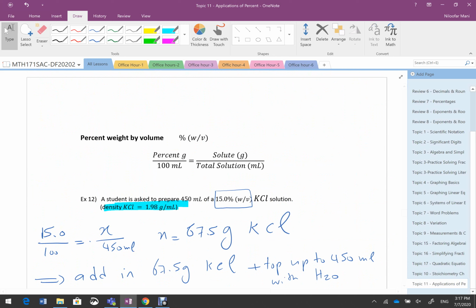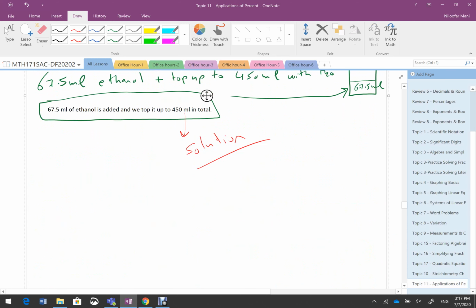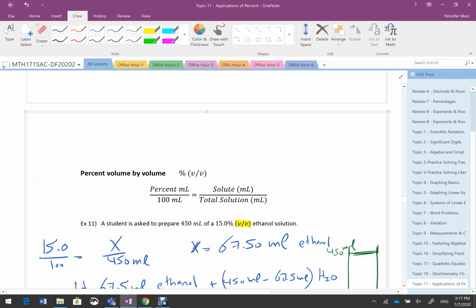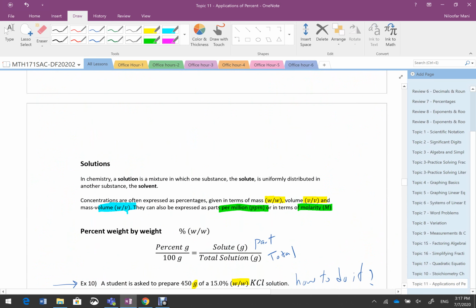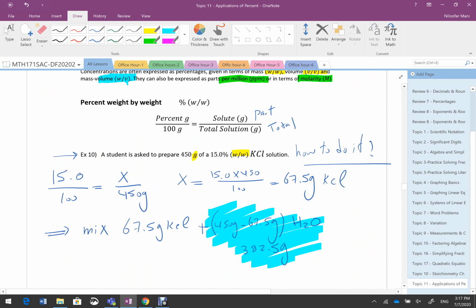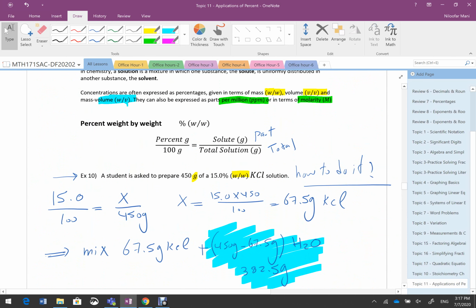I didn't want to say this from the beginning because then it was confusing. I wanted you to see this question and then I talk about it. Look at this. Percent W over W means how many gram over 100 unit gram of weight solution.